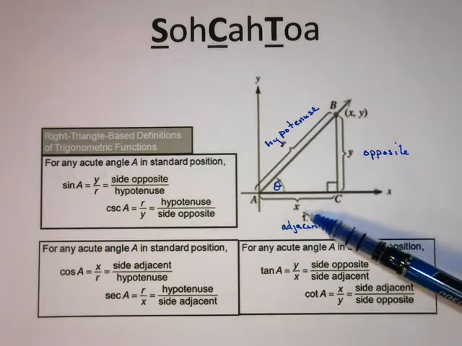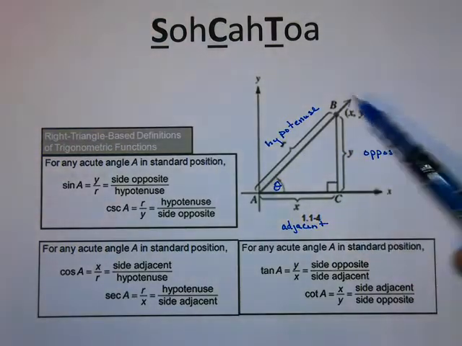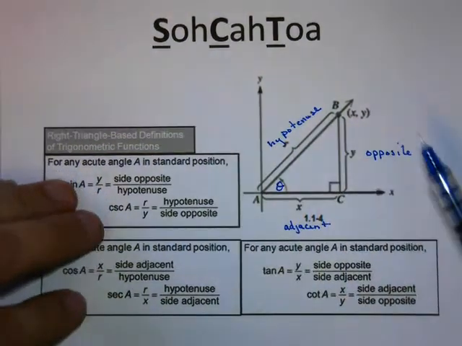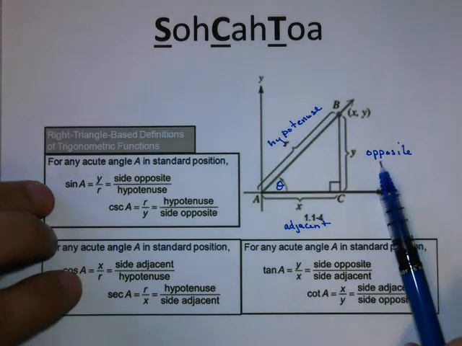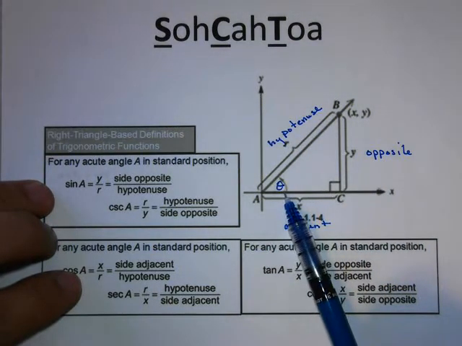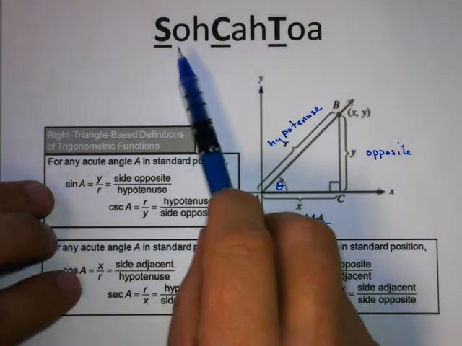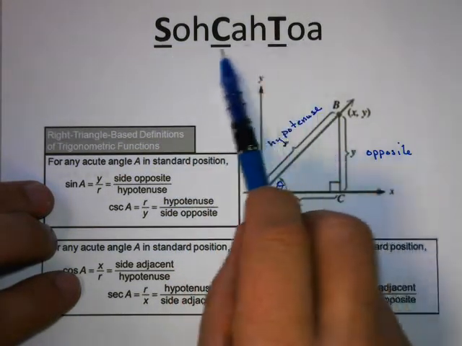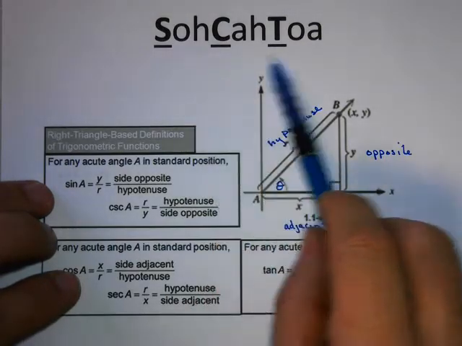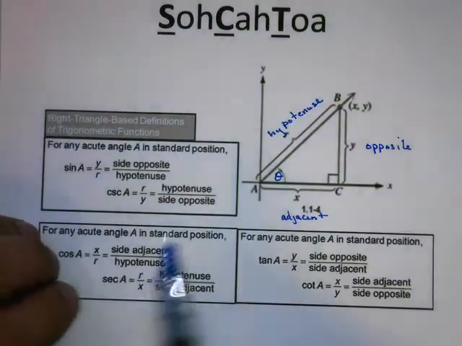So you can still use y over x, but we're going to be getting into other triangles away from our xy axis. So I think it's helpful to remember it as opposite, hypotenuse, adjacent from some angle. And remember how to spell SOHCAHTOA, that French Indian cure for athlete's foot. Go SOHCAHTOA. Okay.